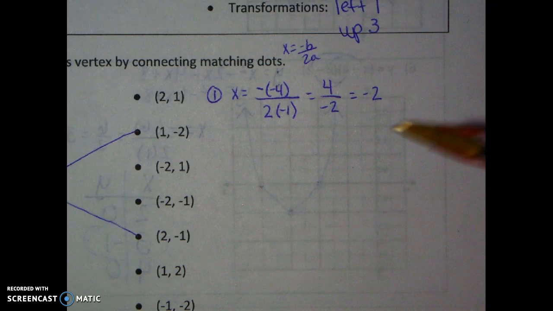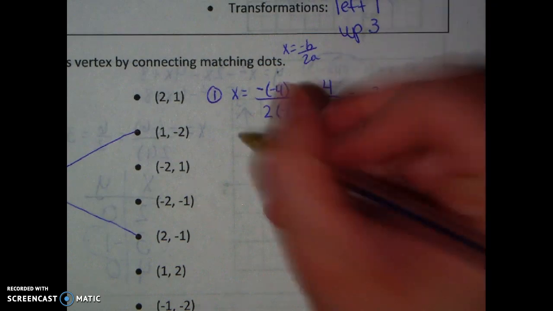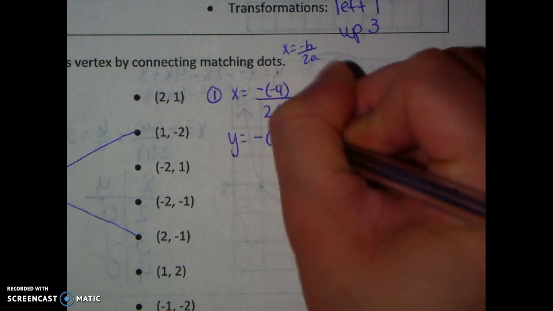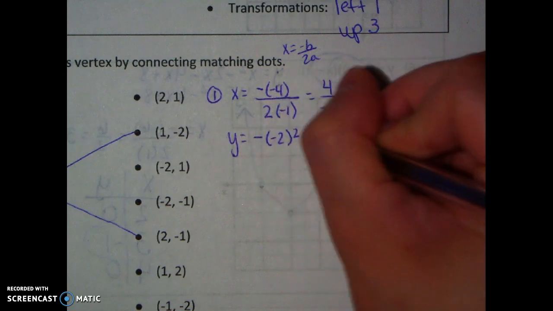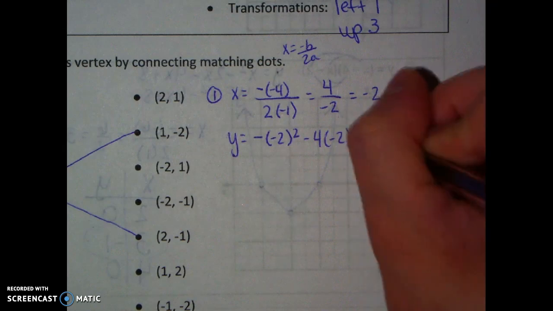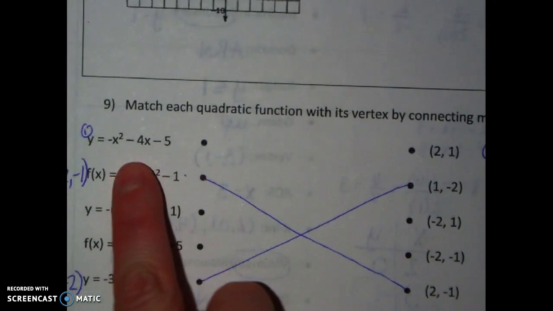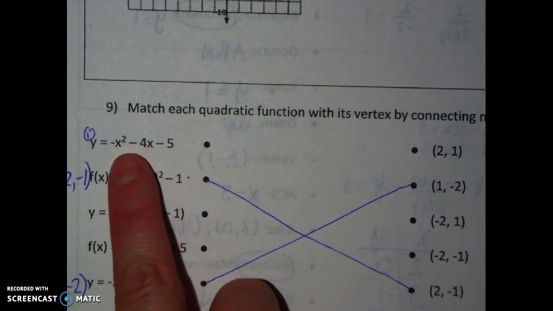And there are a few of them with negative, well, there's 2 of them that start with negative 2. So I do have to plug it in to solve for the y. So now y equals negative 2 squared minus 4 times negative 2 minus 5. And all I did for that is take the equation and plug in the negative 2 for the x's.